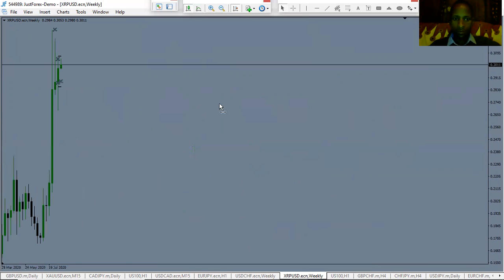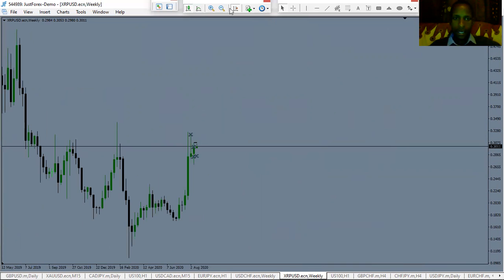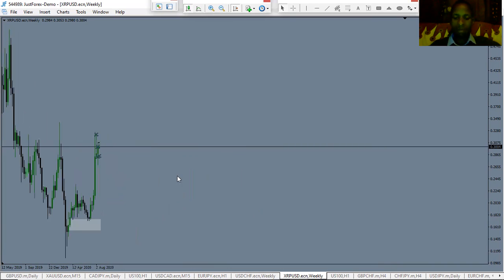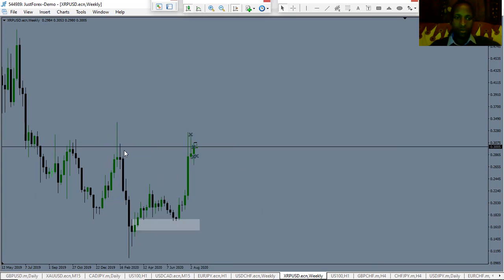So guys, if we can pay attention here at this point, we can see that we had our supply zone here at this point. That's why we had a rally here at this point. Maybe some of you are familiar with M&Ws. So if you are familiar with M&Ws, you can see here we have a W.